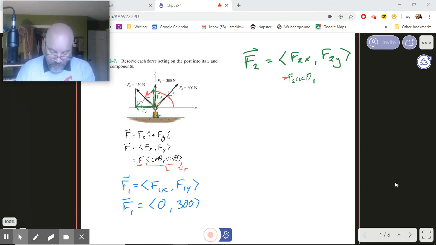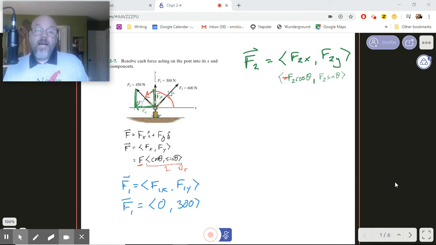But no matter where you draw it, it's that height side of the triangle right there, which means it's the opposite side, so we use the sine of the angle. So we're going to have F2 sine theta. It's up, so that's positive, so we don't have to worry about that. Everything is good.